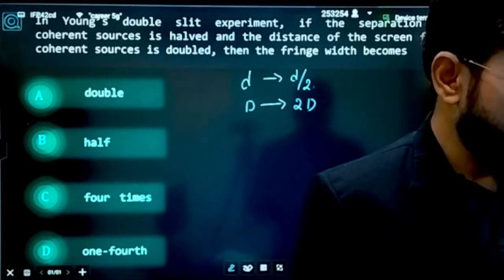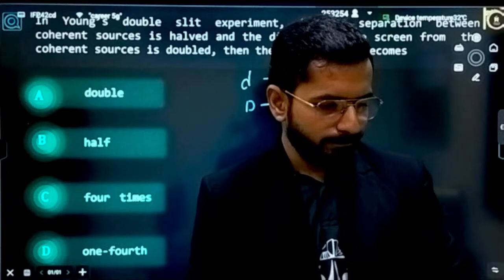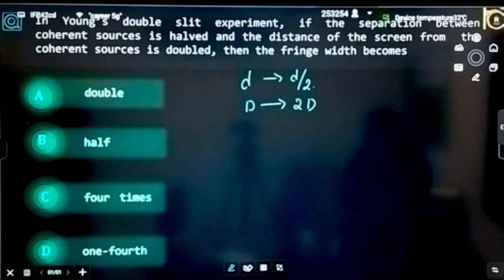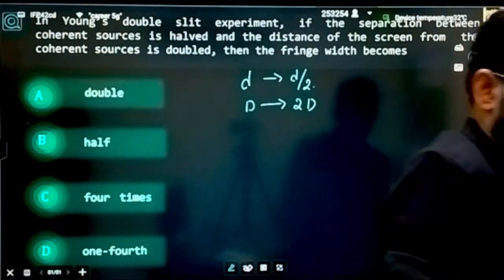Please wait for 1-2 minutes. We will wait, otherwise you will miss some portions. What happened? Tell me in the comment section. If it is fine, then we'll be moving further. I think it is going fine. Okay, I will keep checking if there is any lag.